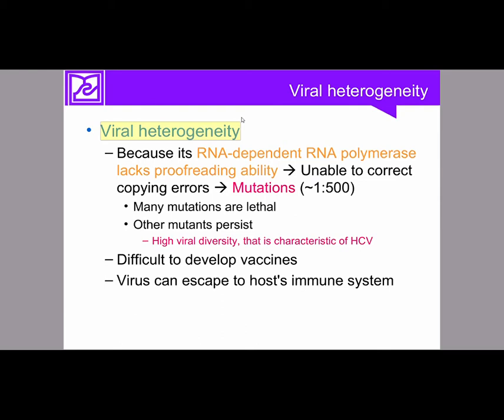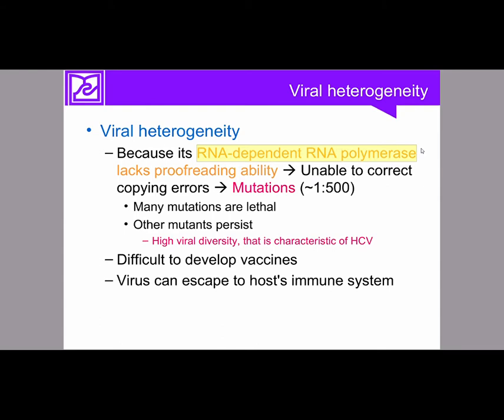And we have a problem with RNA viruses. The enzyme that they use for replication and transcription is a viral enzyme. This viral enzyme is called RNA-dependent RNA polymerase. And this viral enzyme has a problem: it is not very good during replication.